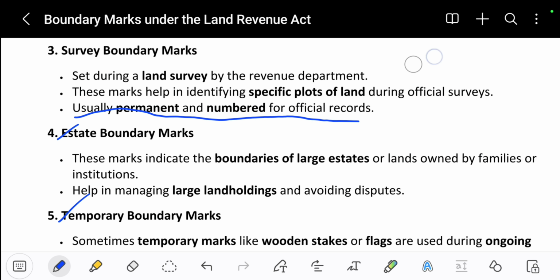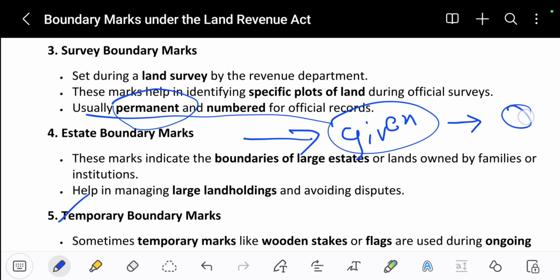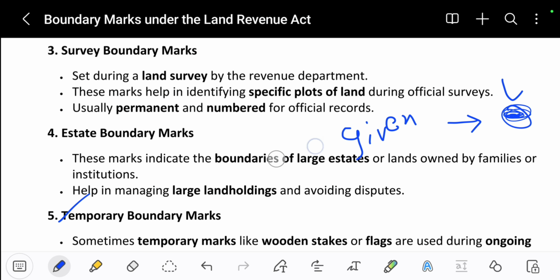This is how survey boundaries are done. So when lands are divided, they are given a specific number or indication, and that specific number is the indication that this plot or land is owned by Ali.